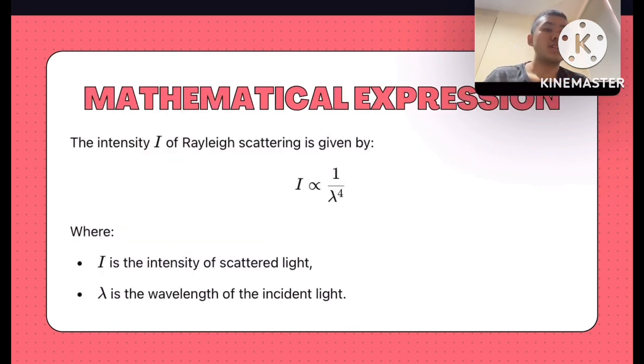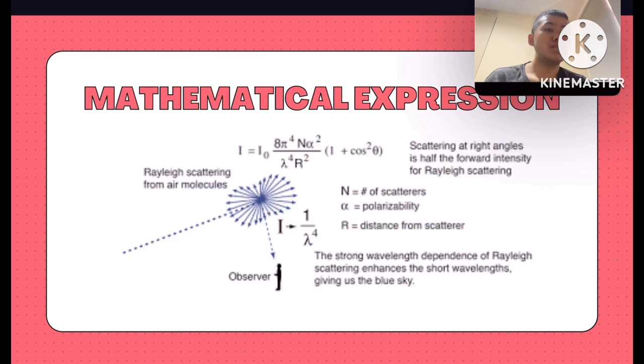For the formula, first we can see that intensity is inversely proportional to λ power 4, as I mentioned before. Then we can study the formula: I equals I0 times π power 4 N α power 2, divided by λ power 4 and r power 2, and all of this multiplied by (1 plus cos θ) power 2.